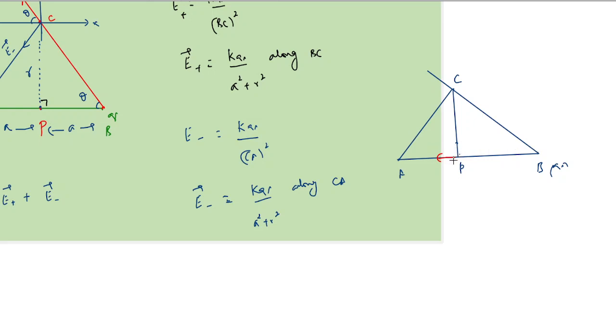In the initial case, this is the minus x direction. So the angle between the field which charge B creates, that is E plus, and x are in the same direction. If the point is somewhere here, then minus x is like this only, but the field which the charge at B creates would be going like this.